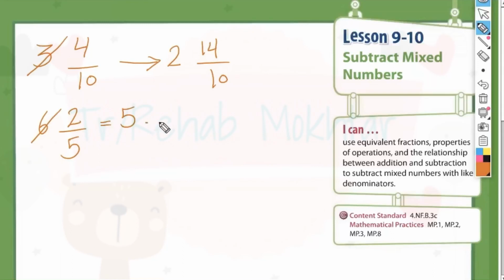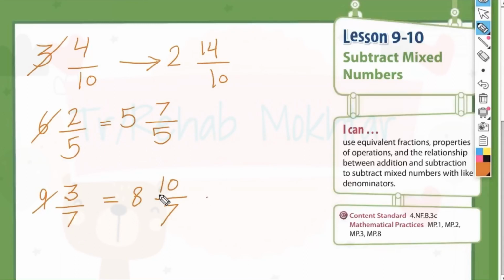Keep the denominator as it is, 5. 5 plus 2, 7. Again, 9 and 3 out of 7 equals, borrow 1 from 9, it will be 8. Keep the denominator as it is, 7. 7 plus 3 equals 10, and so on.